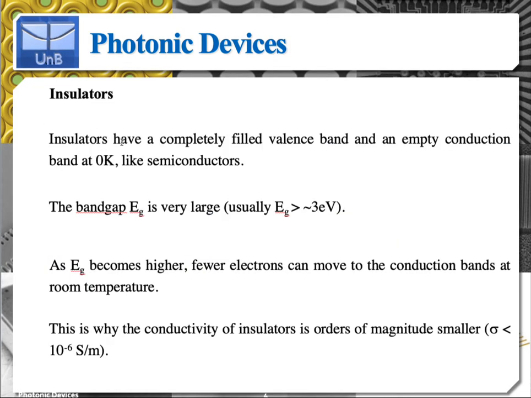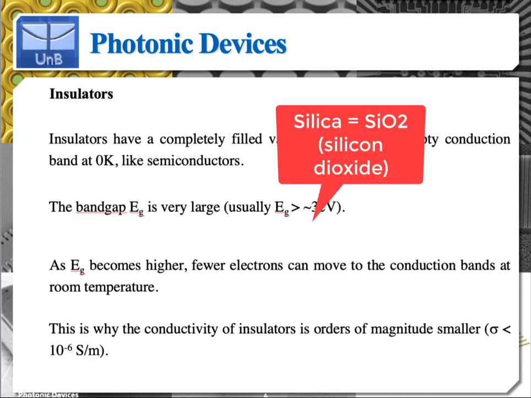So insulators have a completely filled valence band and an empty conduction band at 0 Kelvin, just like semiconductors. But the band gap is very large, usually higher than 3 electron volts, sometimes much larger than that. For example, for silica, it's around 9 eV.